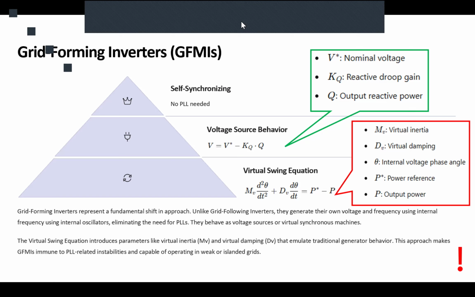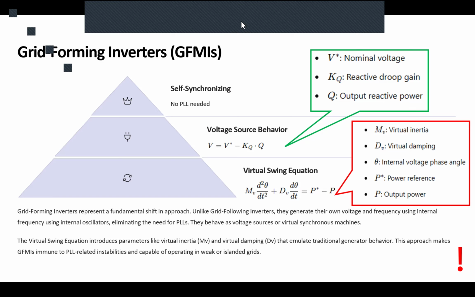Okay, in this scenario, I want to emphasize that we try to come up with an equivalent model based on the behavior of a rotary machine, and define an equivalent model for the grid forming inverter to analyze their transient response.